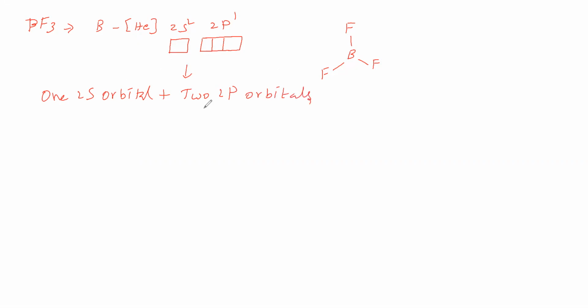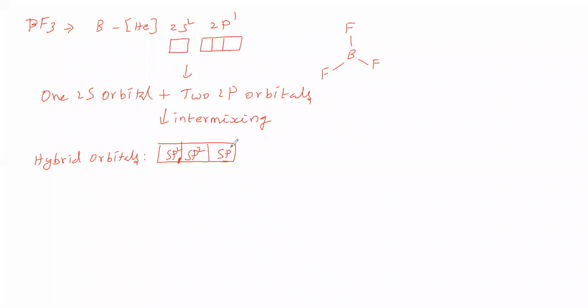These three atomic orbitals are going for intermixing, and therefore we get hybrid orbitals. How many hybrid orbitals did we get? Three hybrid orbitals. What is their name? sp2 hybrid orbitals.